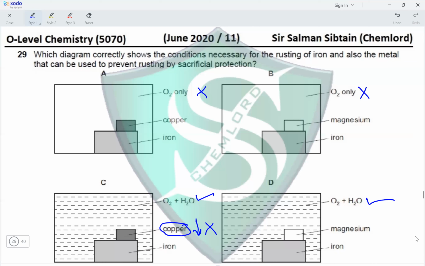And in option D, we've got magnesium. Magnesium is more reactive than iron. When oxygen and water are exposed to the metals, magnesium will react with them, forming magnesium salts, while iron will remain protected. So this makes option D the correct option for this question.